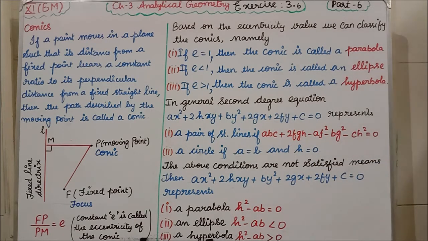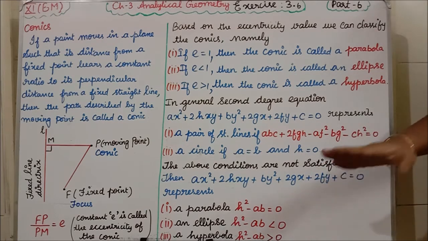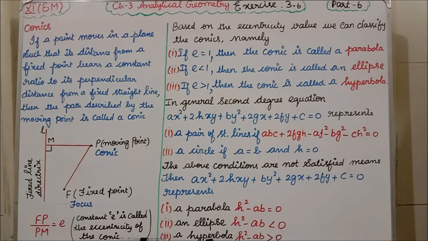Clear? But anyhow we are going to learn about the parabola. For your information only, the ellipse and hyperbola are given in your book. Can you understand it now? Now conics, and we have learnt about the eccentricity value. Next we will see the definition of parabola. Clear, students, all of you?